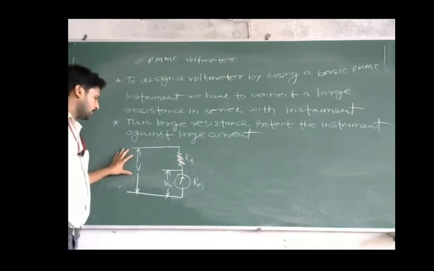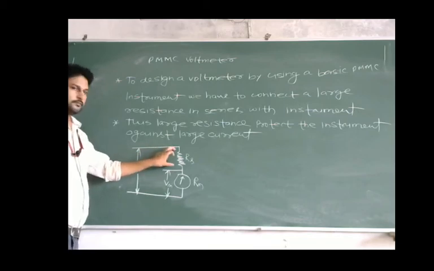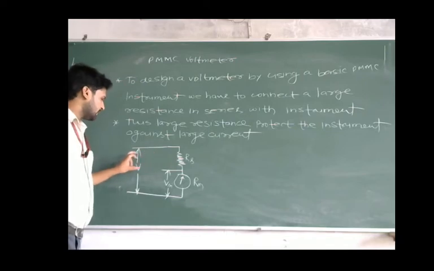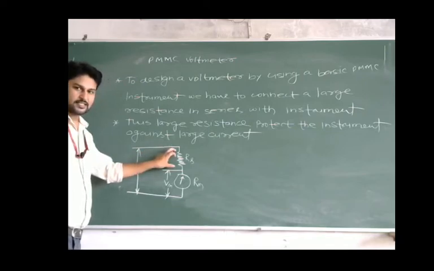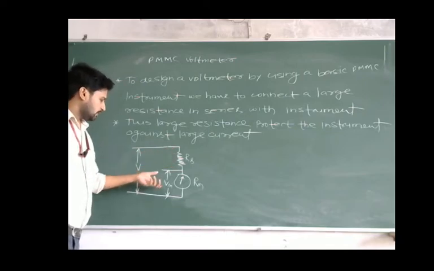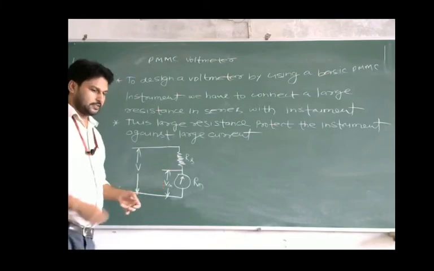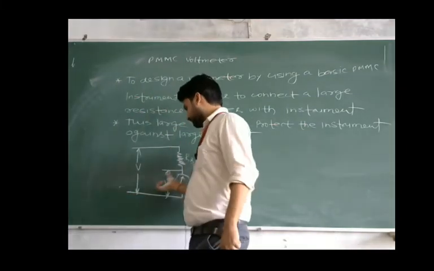Some part of this voltage will drop across this resistance, and the meter will see a small value of voltage.